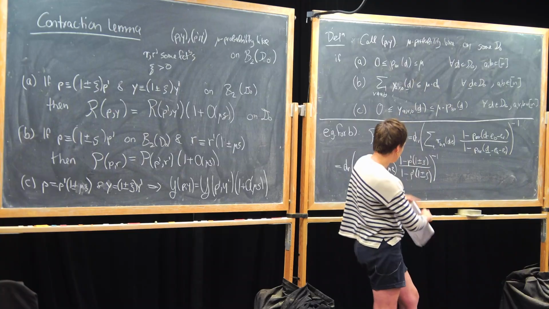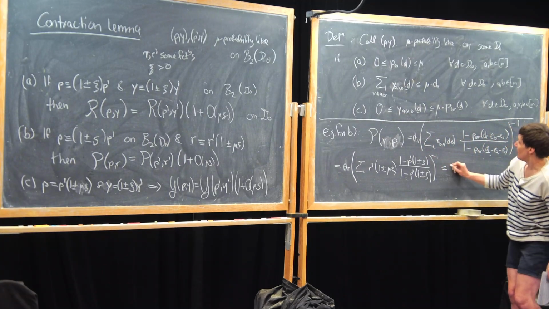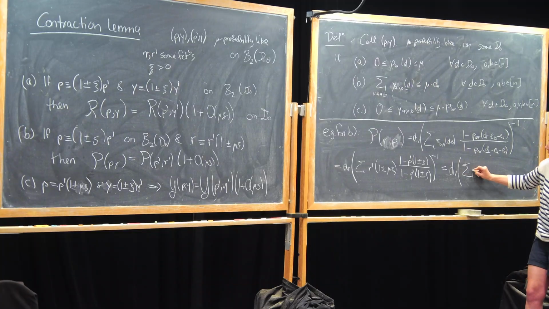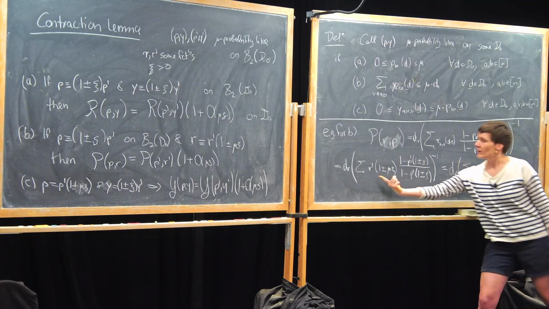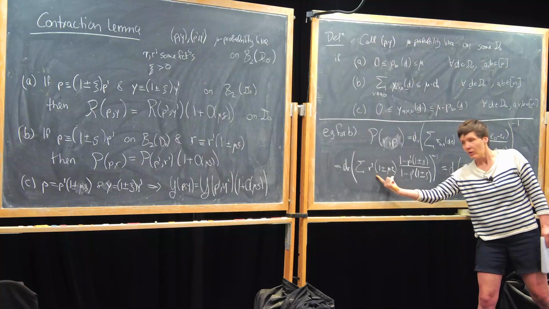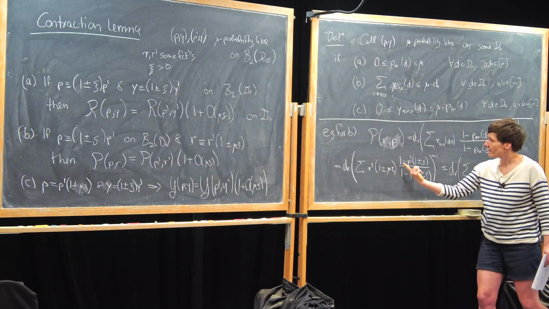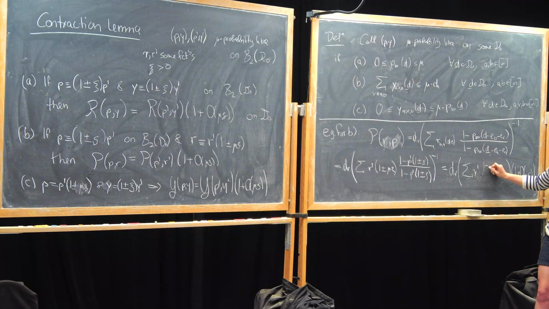So I can write this as d_v times the sum of R prime, and this one just becomes a 1 plus big O of mu times psi. And this one here becomes a 1 minus P prime plus big O of mu psi over the same thing.